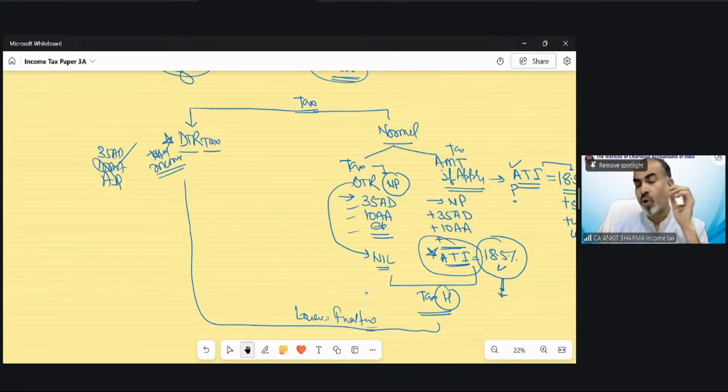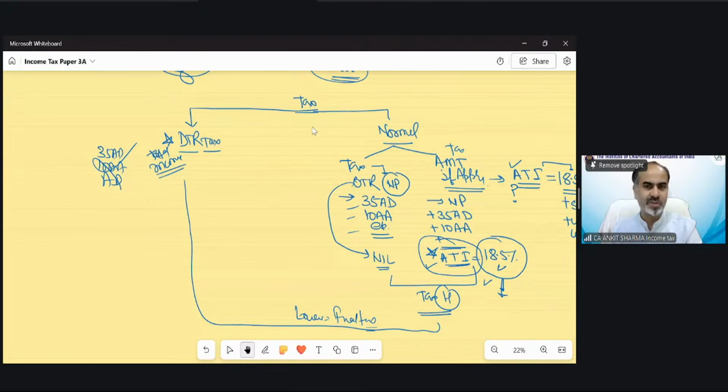Because if I do not tell you the reason, you will not be able to understand why this calculation is happening here. So in the examination, they will ask you to calculate ATI. They will ask you to calculate the tax. They are not going to ask you why these provisions are there. So this is just for your knowledge. And calculation of ATI is not difficult. Let me show you how to calculate this ATI.